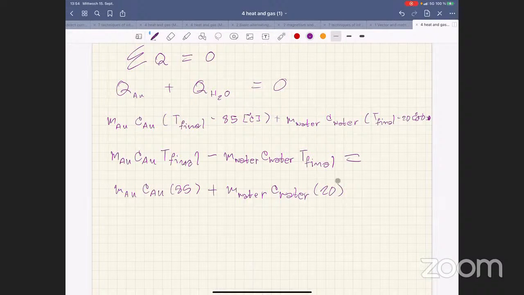And if you want to find T final, you have to move everything to the right hand side.